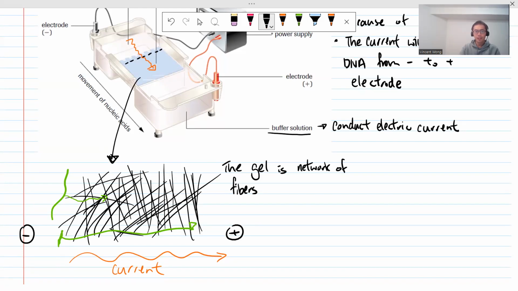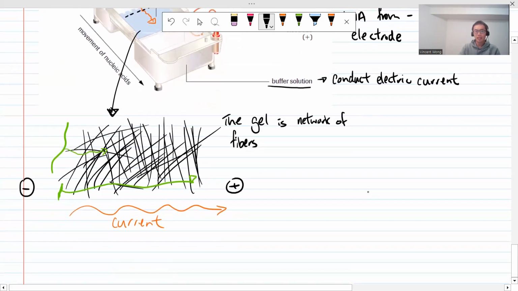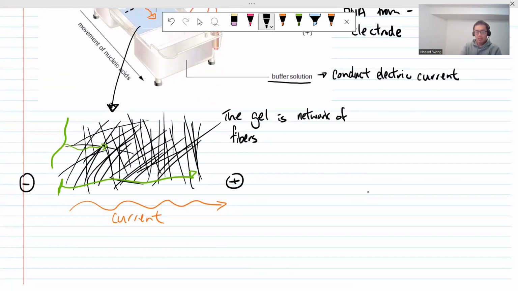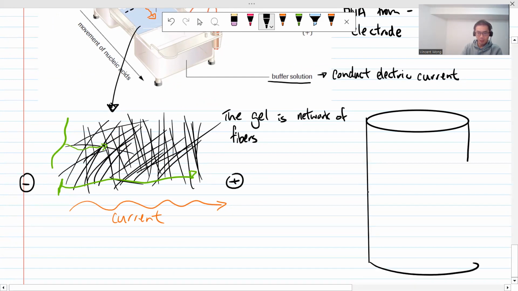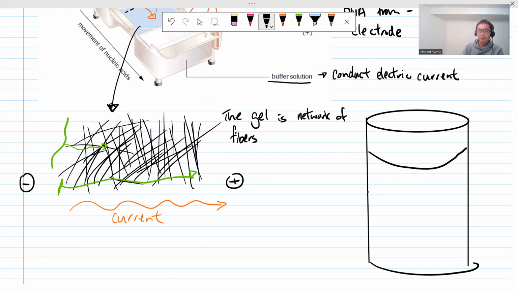It's like an obstacle course, right? One time I took my kids to an indoor playground, and they have this structure. I don't know if you guys have ever seen this before, but I never saw it until that day. It's like a gigantic cylinder in the center, about two stories high.